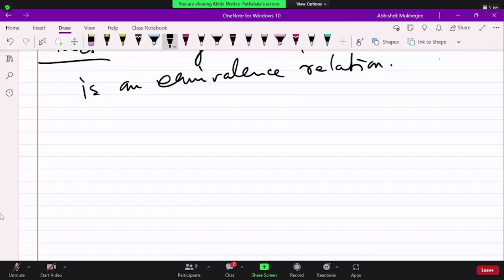That means if you take any space and consider the equivalence class of that space, each member of that class is of the same homotopy type, right? Great.